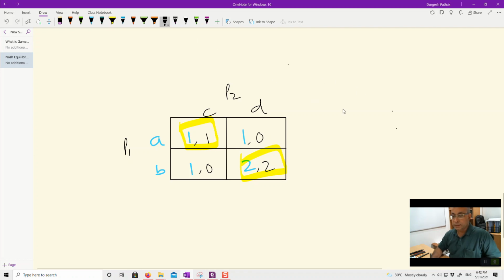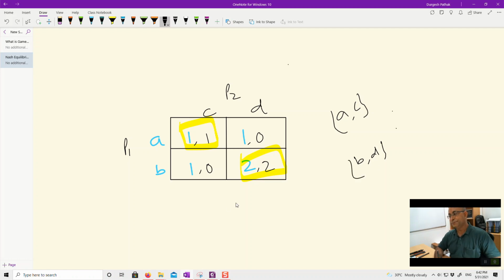So I can write the equilibrium actions. This is A, C, and this is B, D. Now let's see which one of these is strict and which one is non-strict. Player 1 is playing B and he cannot play A and get the same payoff.